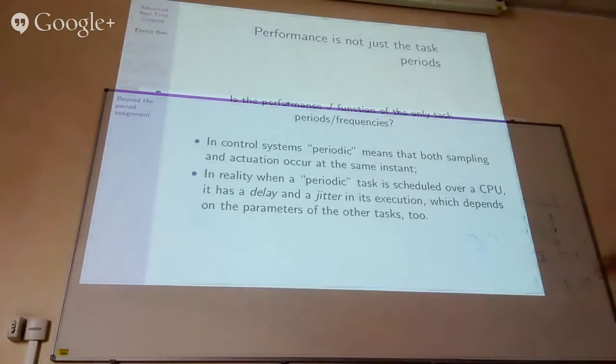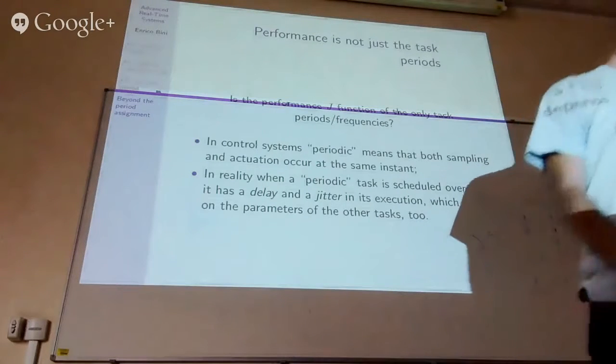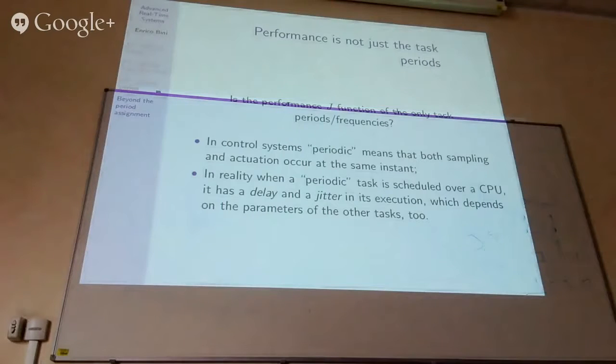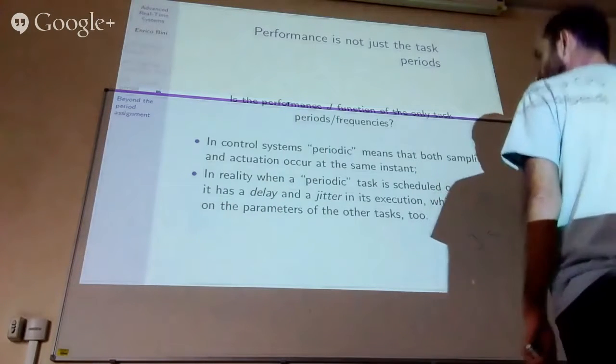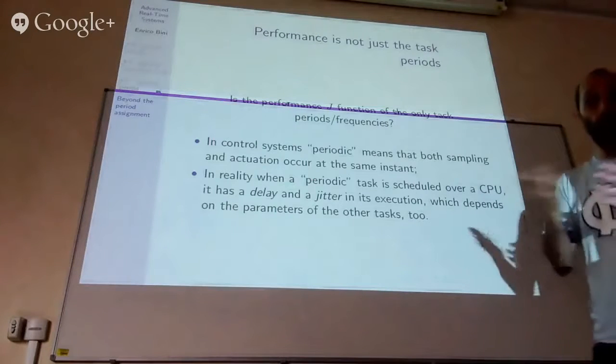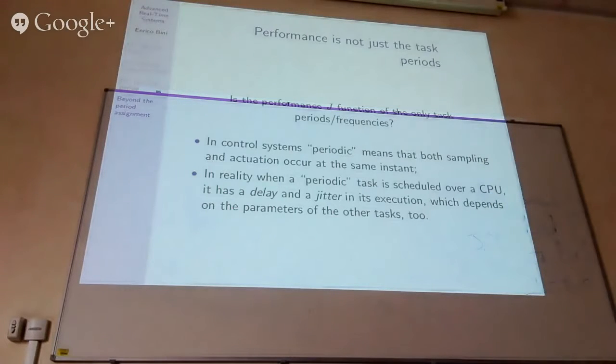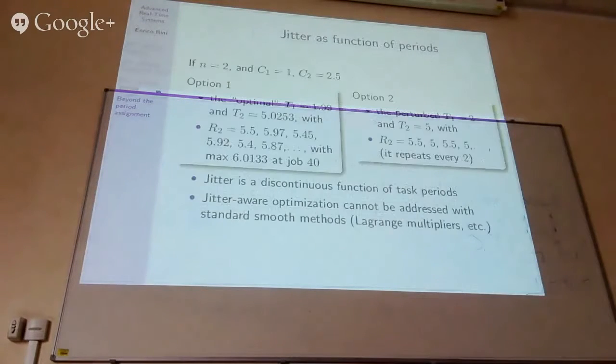So the reality is different from the assumptions behind the computation of this function. A task scheduled over a CPU, over a shared execution platform, has a delay jitter, which depends of course on the task parameters.